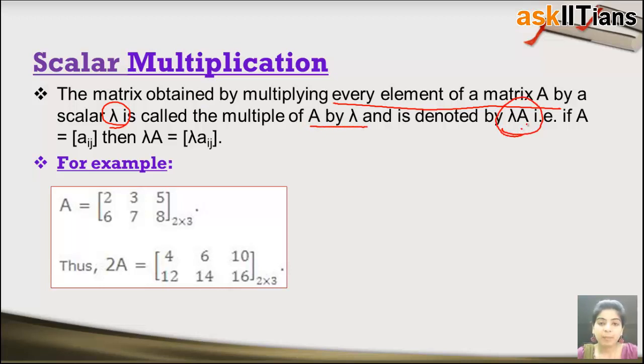We write it as lambda A, where A is the matrix Aij, and hence the matrix lambda A is lambda Aij. We have an example here. The matrix A is this. Then 2A is, we just multiply each and every entry by 2 and we'll get the matrix 2A. The order of the matrix will be the same as the previous matrix for sure.